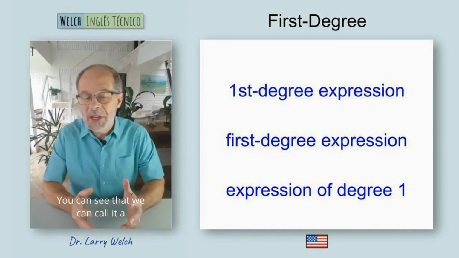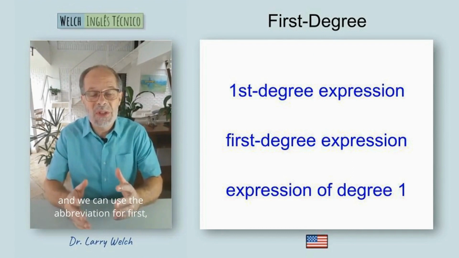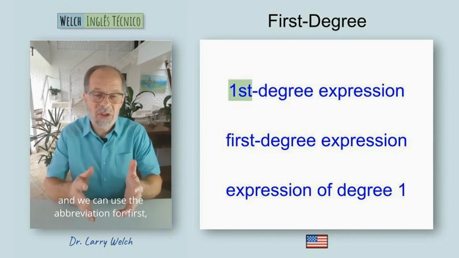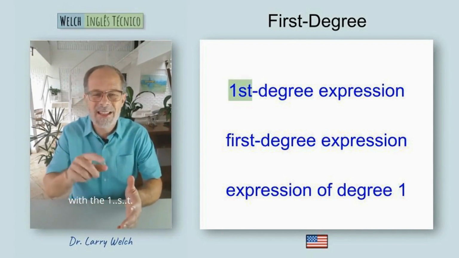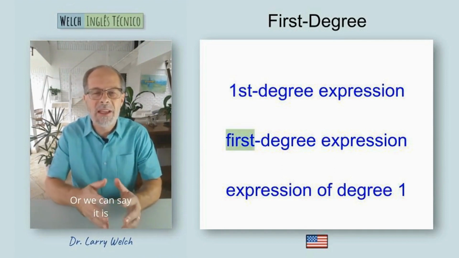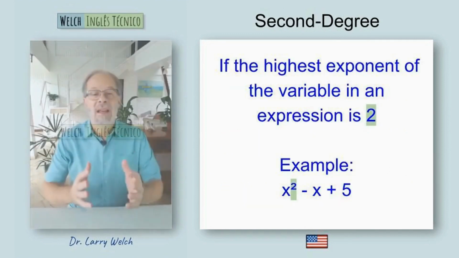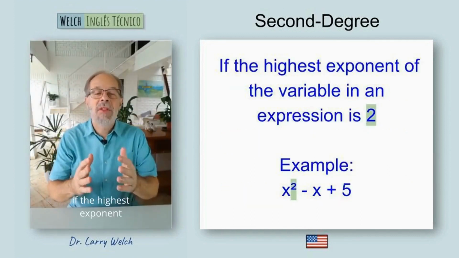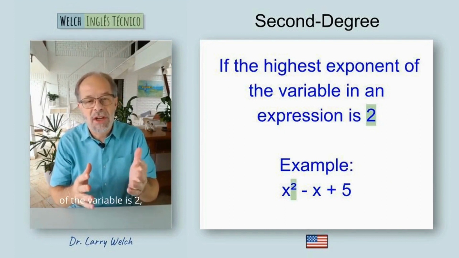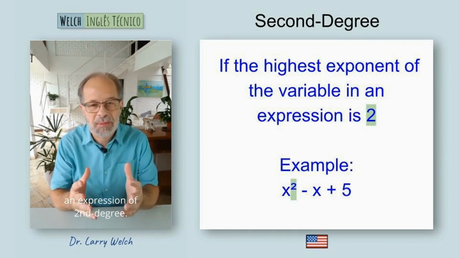You can see that we can call it a first degree expression, and we can use the abbreviation 1st, or we can spell out first, or we can say it is an expression of degree 1. In the same way, if the highest exponent of the variable is 2, then the expression is an expression of second degree.